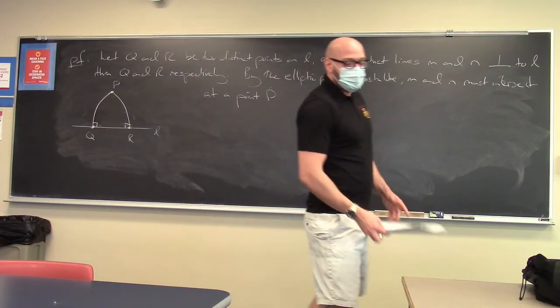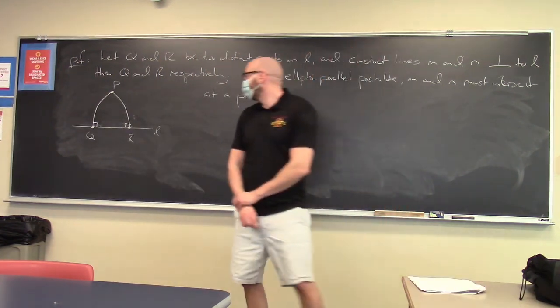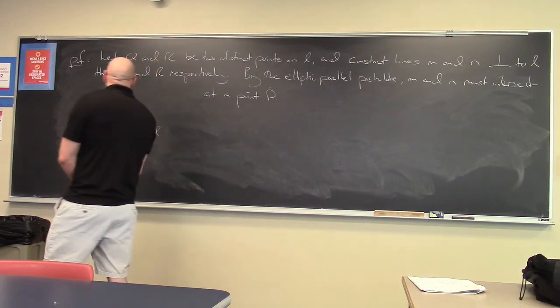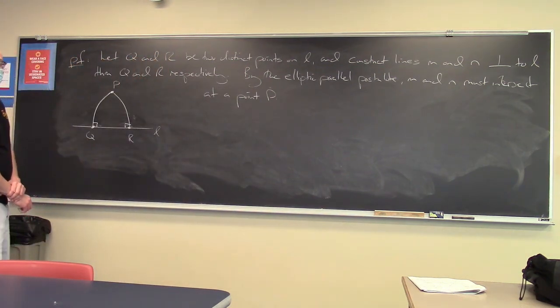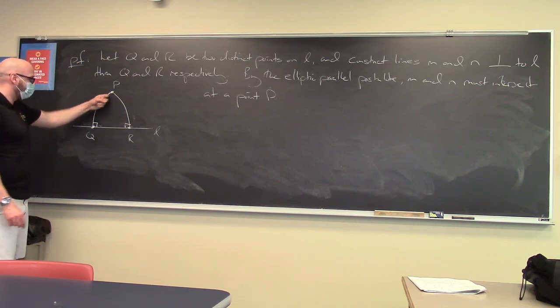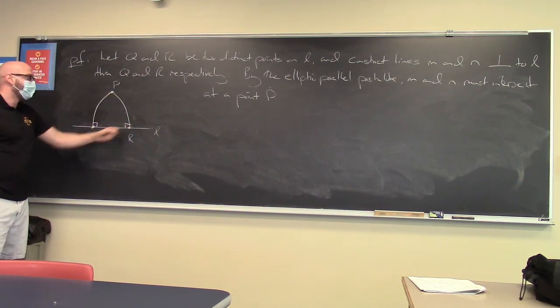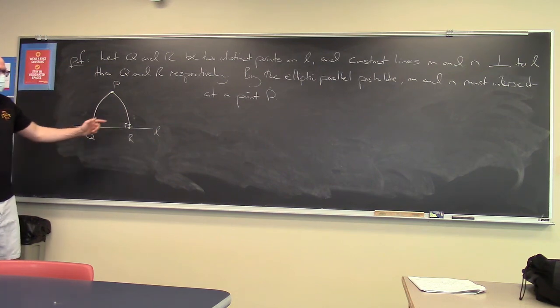So now I want to prove that P is the pole. Well, in fact, before I do that, let's prove one more thing, which is that P is the same distance from Q as it is from R, and that follows by the isosceles triangle theorem, right?